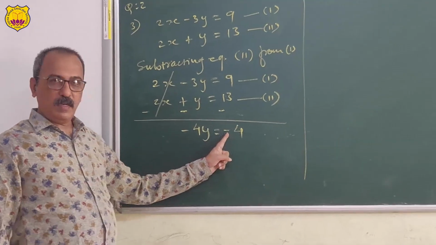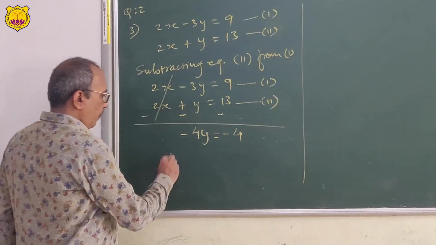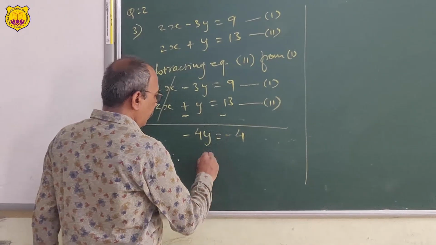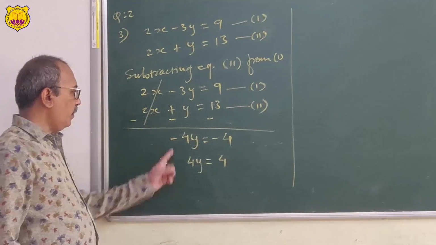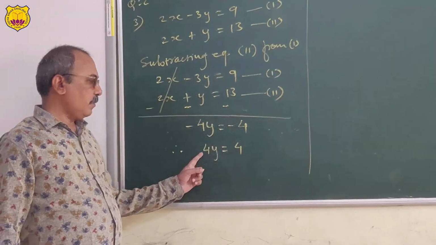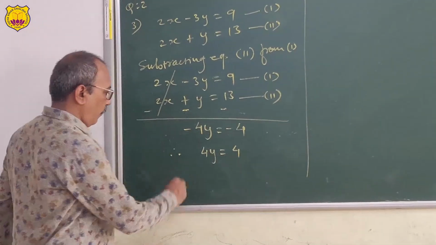So I am putting here negative. Then 4y is equal to 4. Here both minus minus plus. So what we get? 4y is equal to 4.